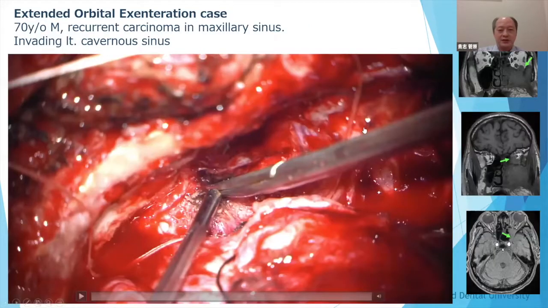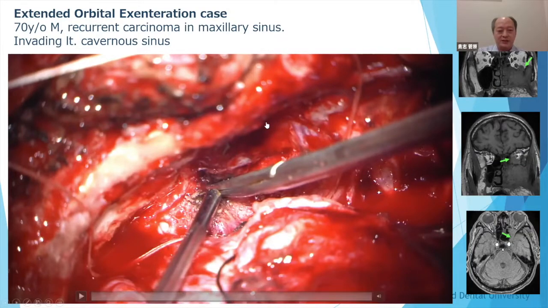Also, this case was a recurrent carcinoma. Usually, in a case like this, it would be left, but there's no other way to remove the tumor.